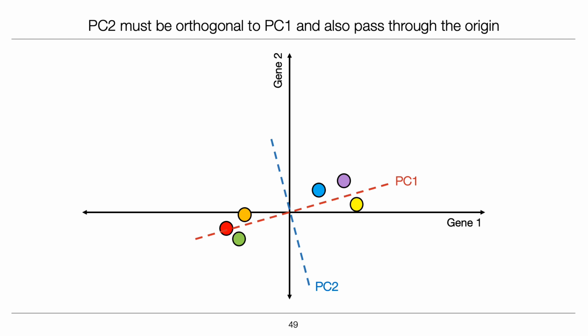By design, principal component 2 must be orthogonal to principal component 1 and also must pass through the origin. In our simple two-dimensional example, there is only one line that can possibly fulfill these two requirements, as indicated by this blue dashed line.